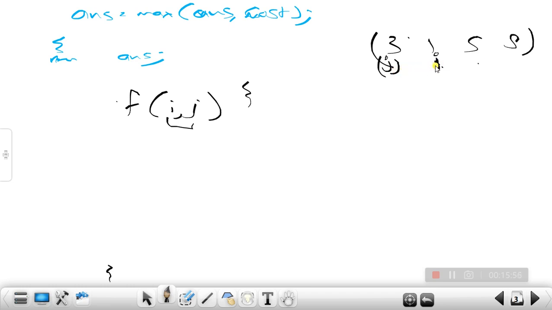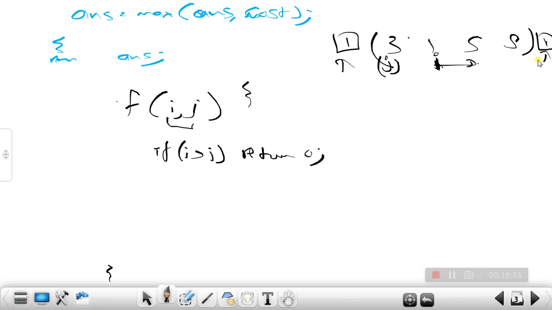Because I is greater than j, I cannot move from I to j. So in that case, if my I is greater than j, just return 0. Fine. I is greater than j represents these conditions, like if I'm at this particular index or this particular index, there is nothing to delete or burst. So I'm going to return 0.